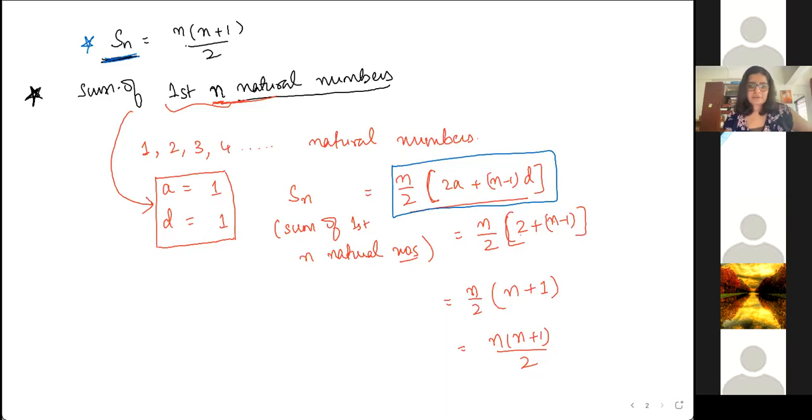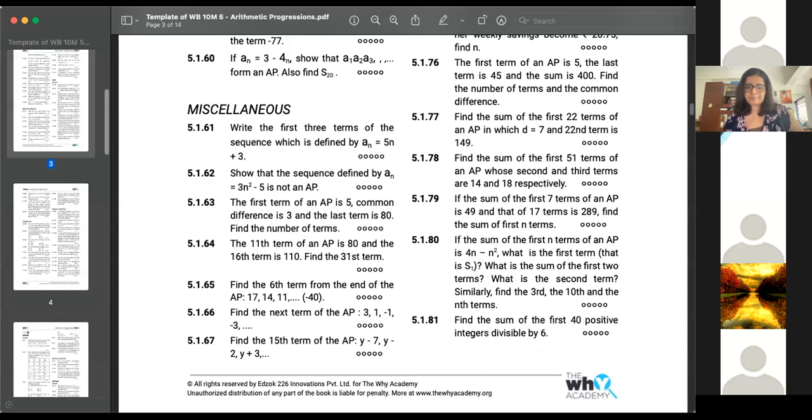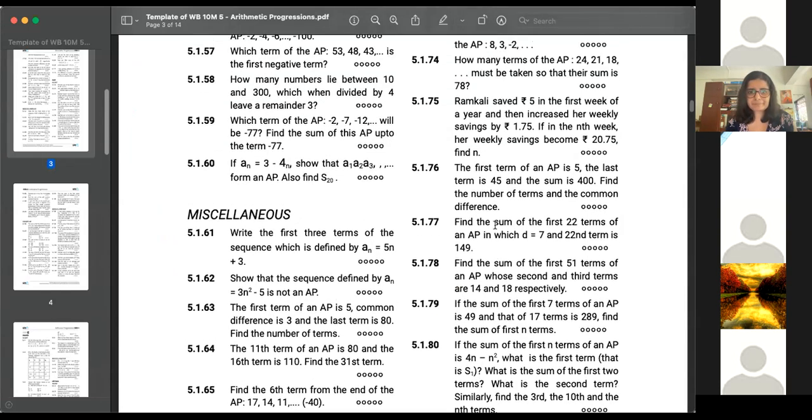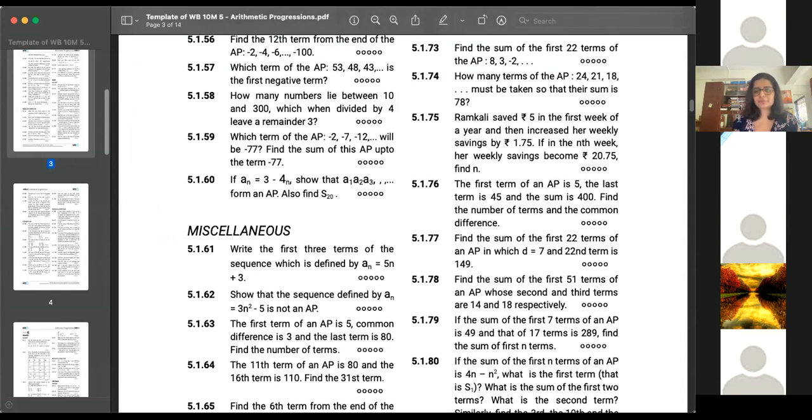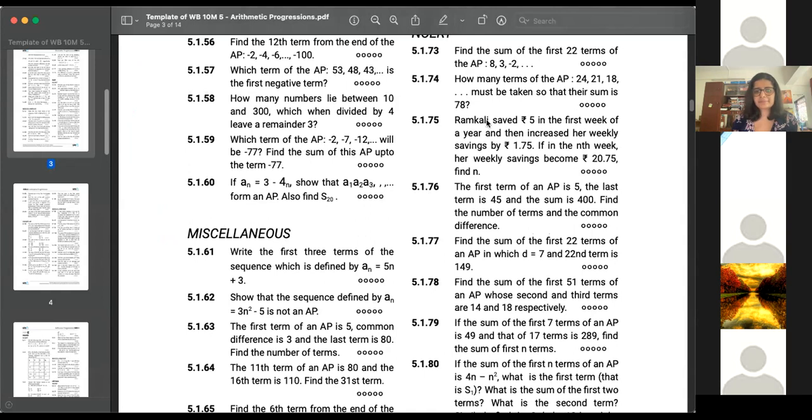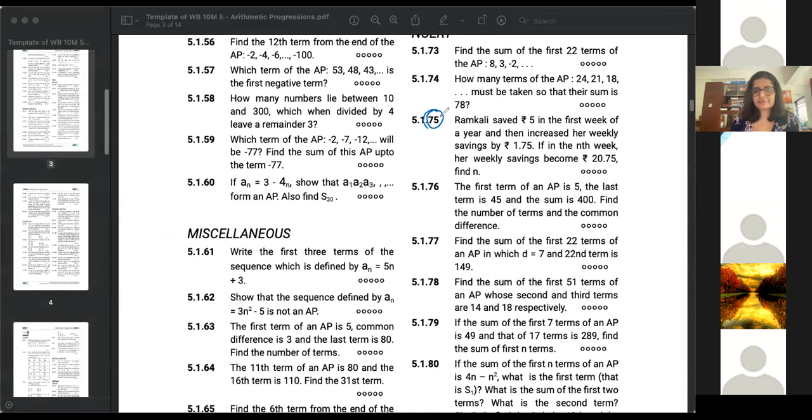Okay. All right, let's get back to your workbook questions. Okay, we'll do a simple word problem, like a direct thing. Look at 75. So Ramkali saved 5 rupees in the first week of a year, then increased her weekly savings by 1.75 rupees.